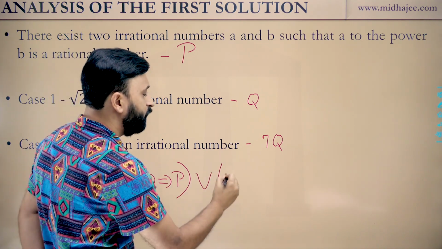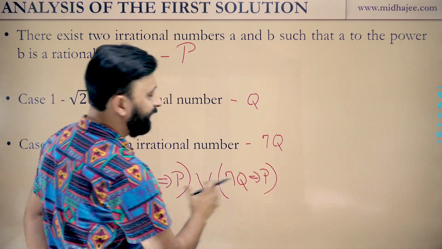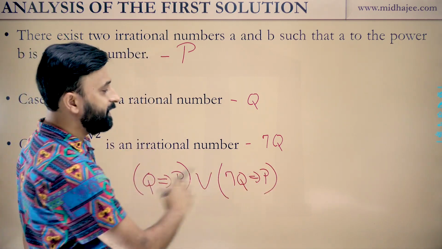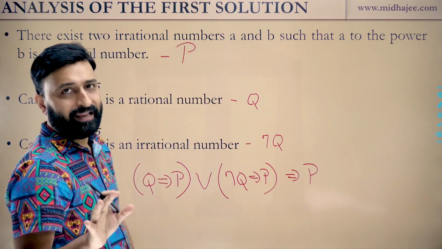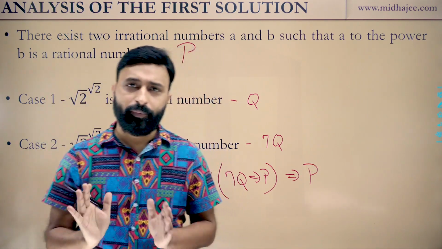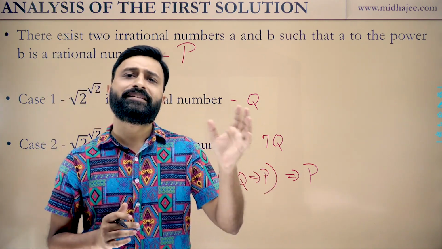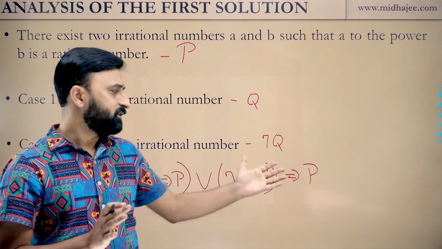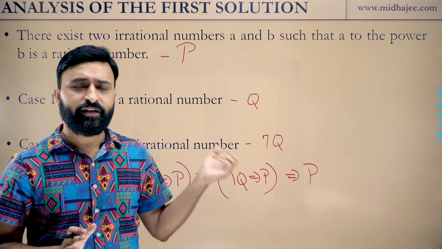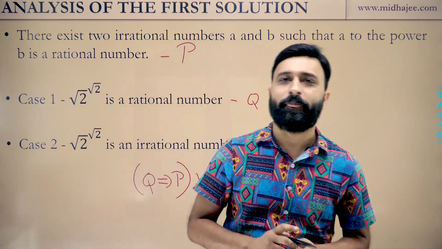And if not Q is true, then also P is true. So in any case, P is true. This implies that P has to be true. So if you analyze these cases properly, then even though you don't know the exact nature of the intermediate number root 2 to the power root 2, still by this logic of mathematical reasoning, you can clearly prove that statement P is always true.